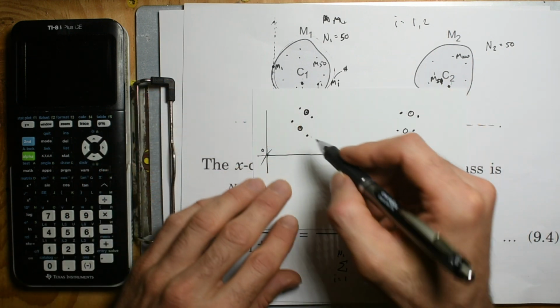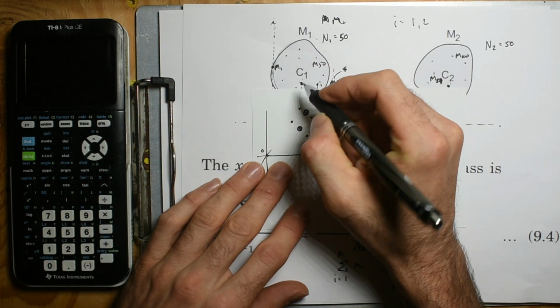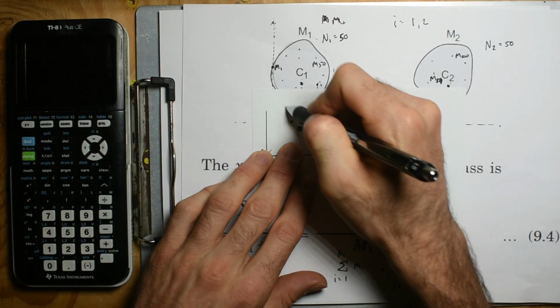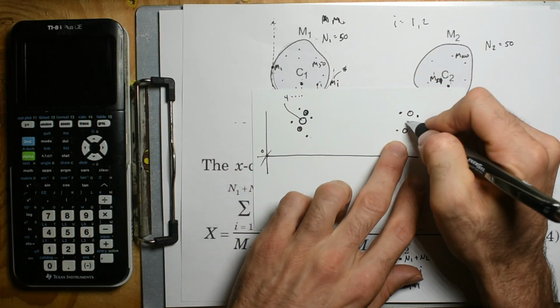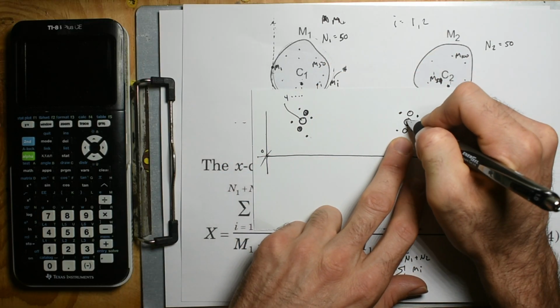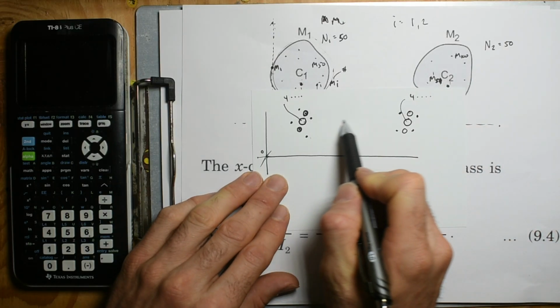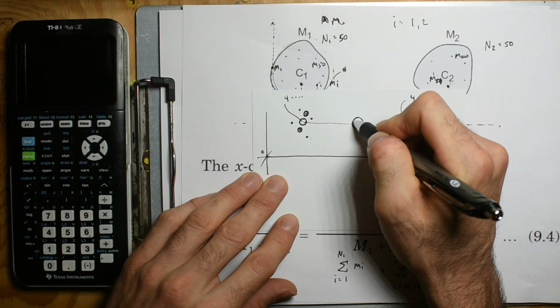Then I can do that process again and ask, what's the center between these two? And that's going to be that mass. So this mass is going to be 4 of the little particles. And I can do that same thing here. The center between those two is just going to be 4 of those little particles. And then the center between these also is going to be right there.